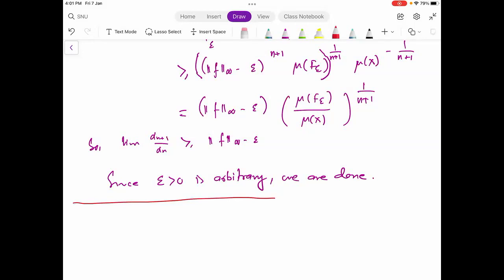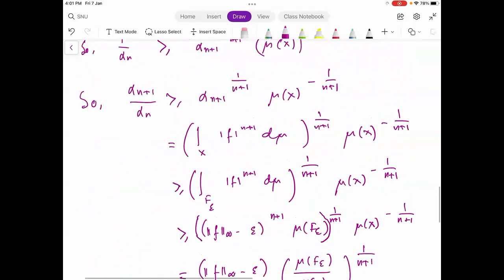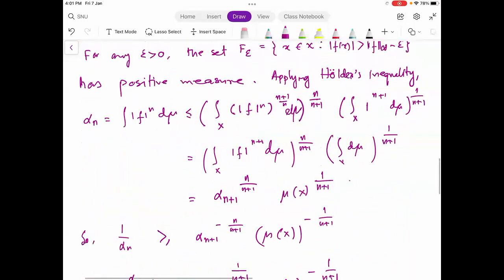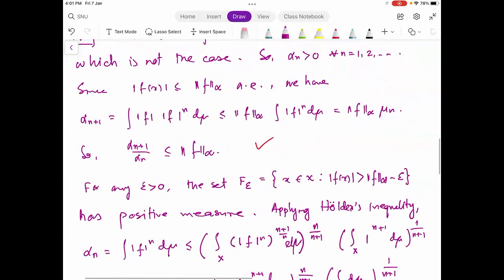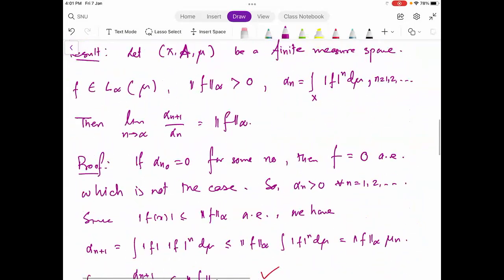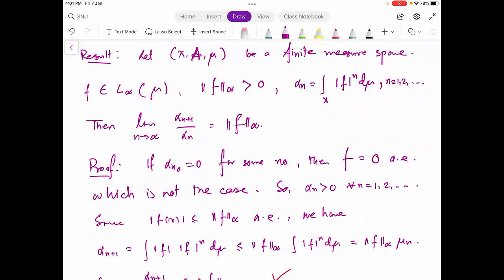Can I make a comment here? You have actually also proved that if you take the p norm of f, that will go to norm f infinity. No, actually, whenever this limit of ratio exists, then the limit of alpha n to the power 1 by n also exists, and that equals norm of f infinity.